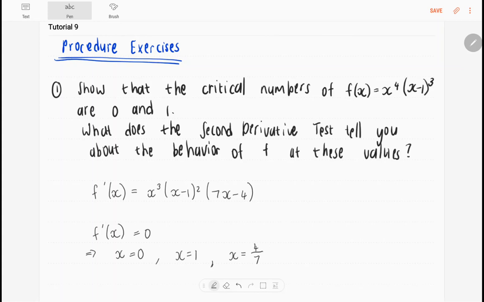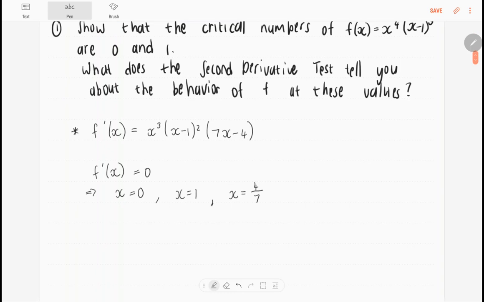However, there is another critical number in this case, which is 4 over 7. The second part of the question asks, what does the second derivative test tell you about the behavior of f at these values? So what we want to do now is we want to work out the second derivative firstly.